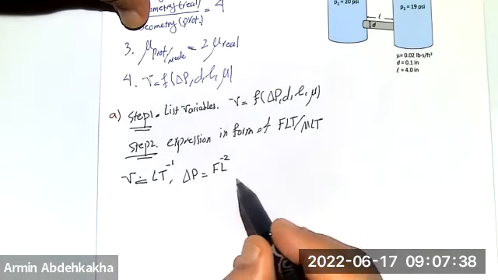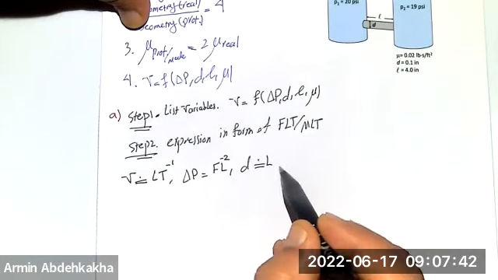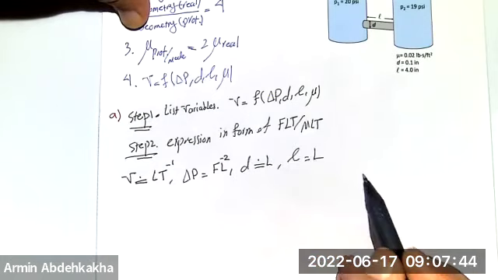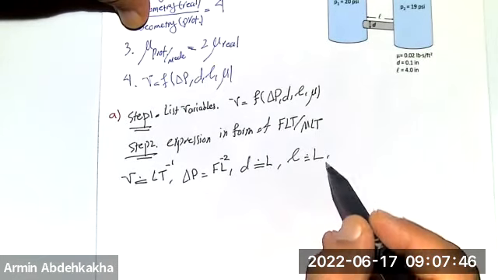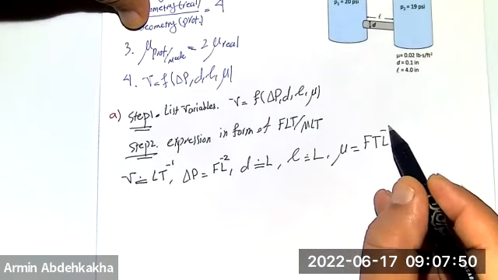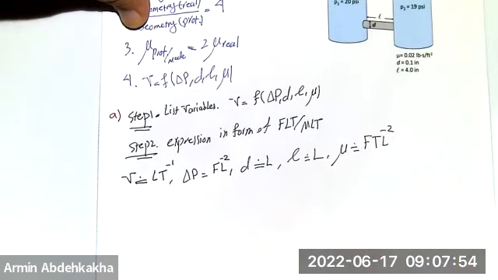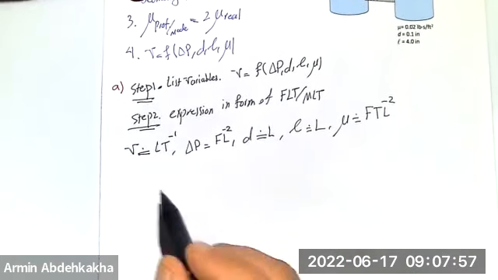Delta P is F L minus 2, D is L, L is L, and finally mu is F T L minus 2. Okay, so this is step 2.